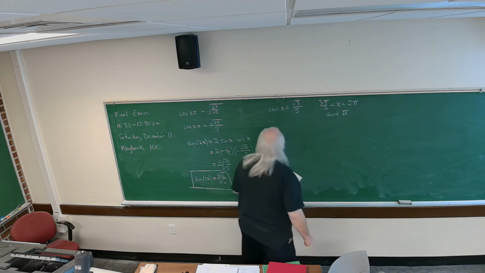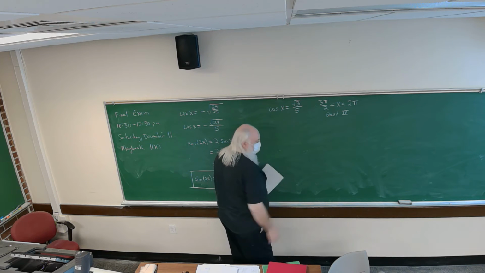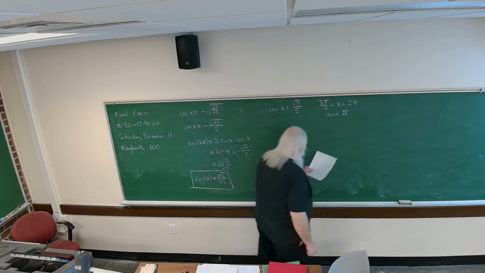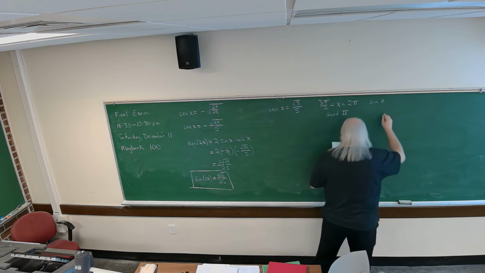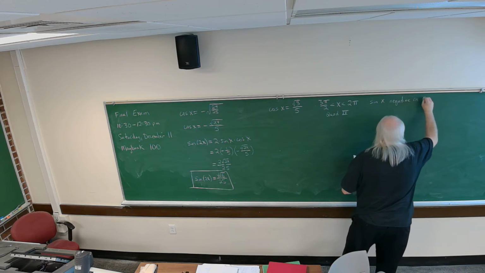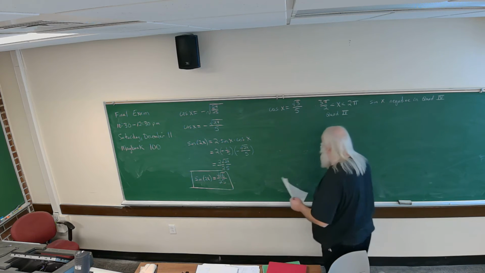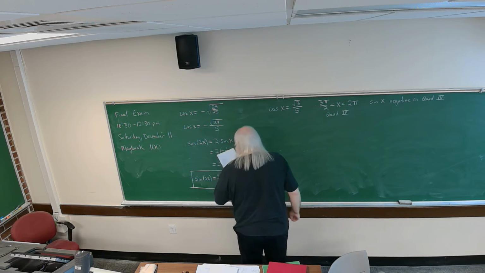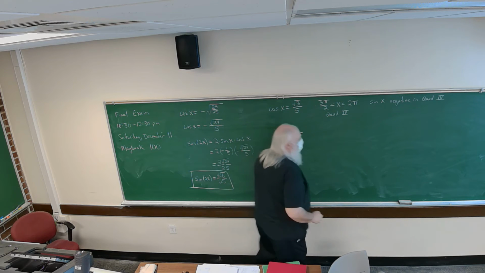And cosine is positive in quadrant 4. That's why cosine x is equal to a positive number. But now that we know that x is in quadrant 4, we also know that the sine of x is negative in quadrant 4. So to calculate the cosine of 2x, you only need to know the cosine of x to do that.